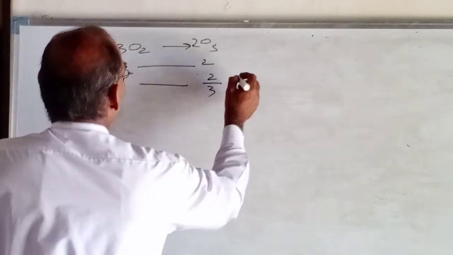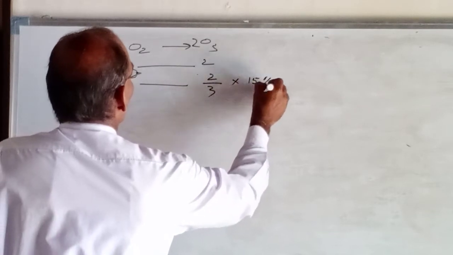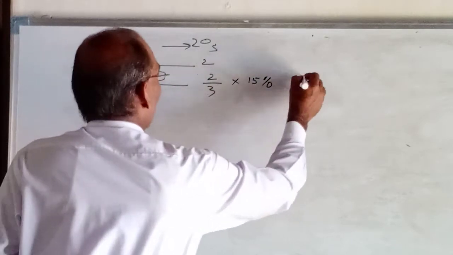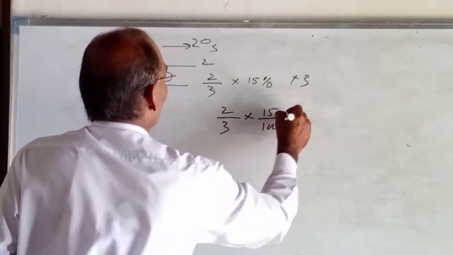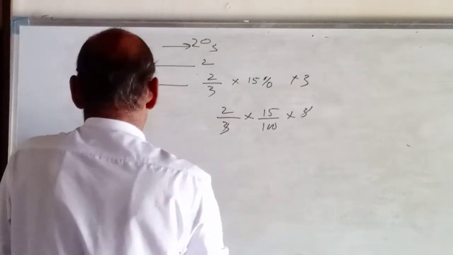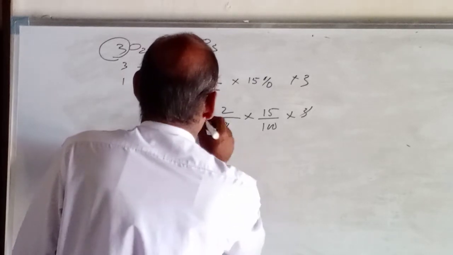But the extent of 15%. But the total number of moles of oxygen here is 3. Then 2 by 3 into 15 by 100 into 3, the 3 cancelled. That is equal to 0.3 mole.